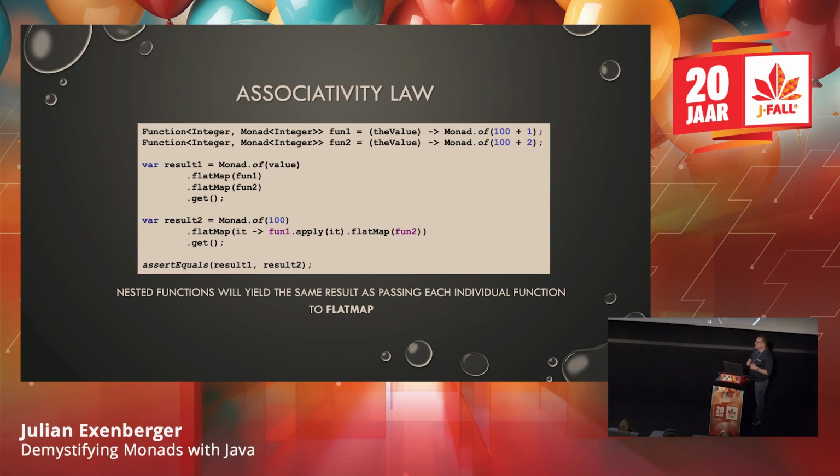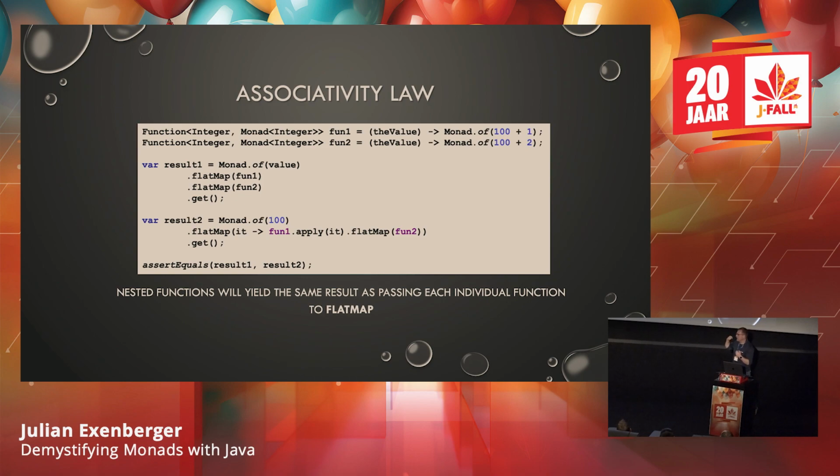Okay, so what is the purpose of all of these rules? These rules basically guarantee that the operation of your monad is inviolable. Okay, so effectively what you're saying is that when I call flat map, I'm always going to get a new monad. So my original monad that I created remains unchanged.